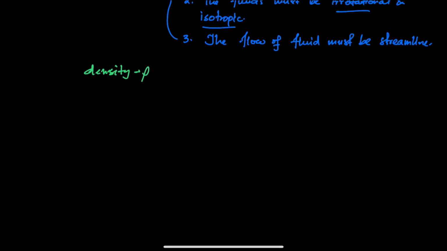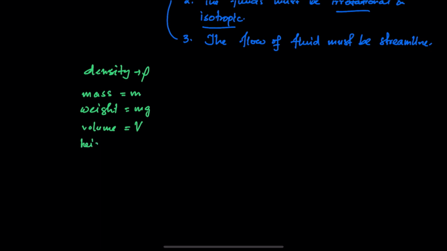The density is rho, the mass is m, so the weight of the fluid will be mg. The volume is capital V. The height from the reference level is small h.